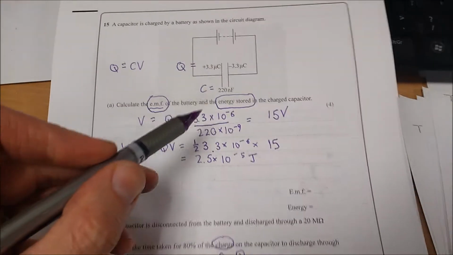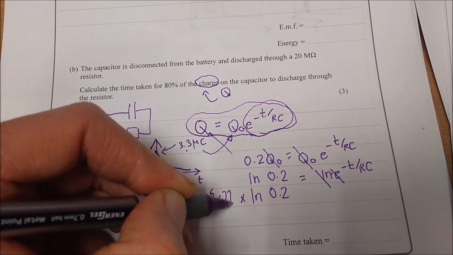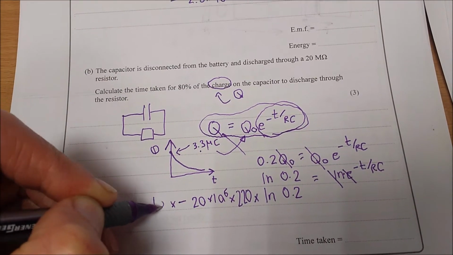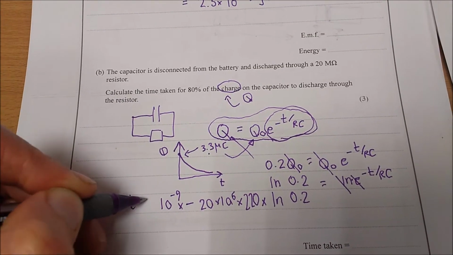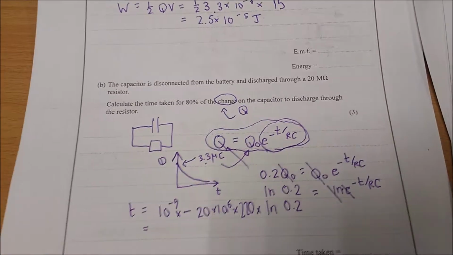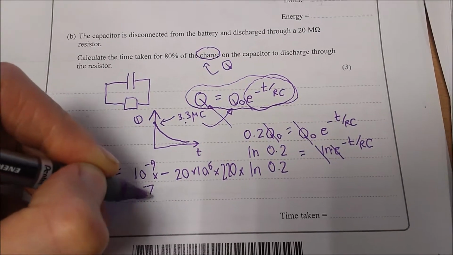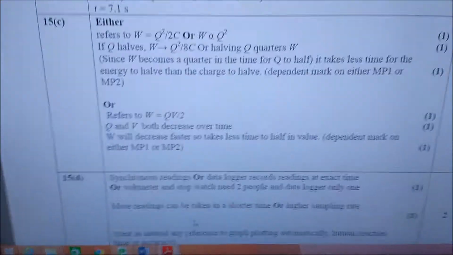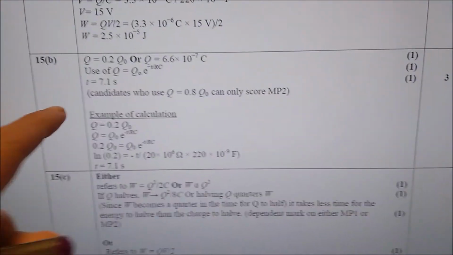C was 220 nano, so in there we need the 220, and I've run out of space, so we'll just move the nano down there, times 10 to the minus 9 for nano, and that's going to give us our t, which comes to 7.1 seconds. 7.1 seconds. If you look at the mark scheme, you can see what the individual points were given for.